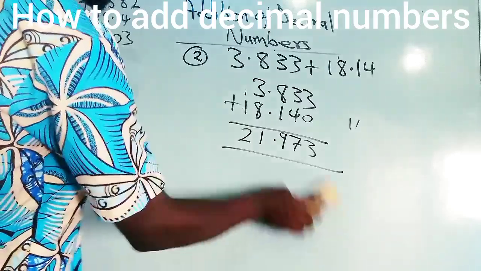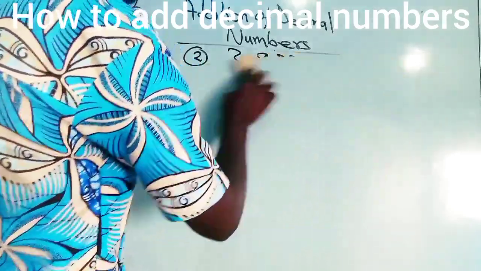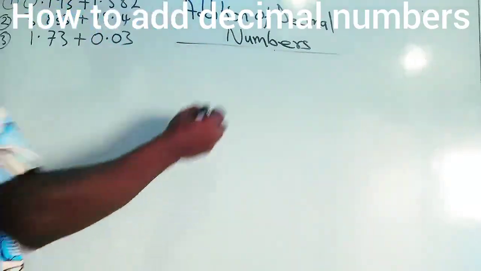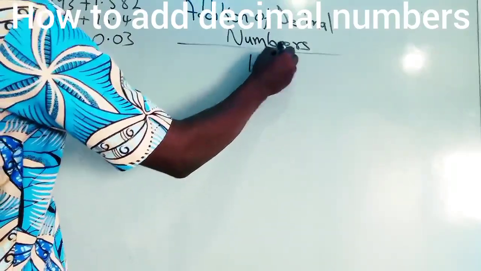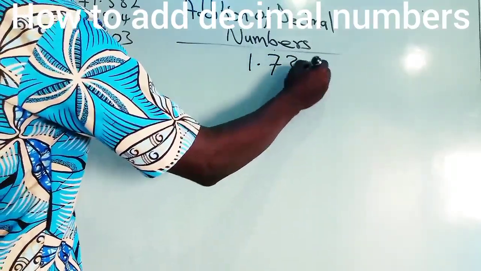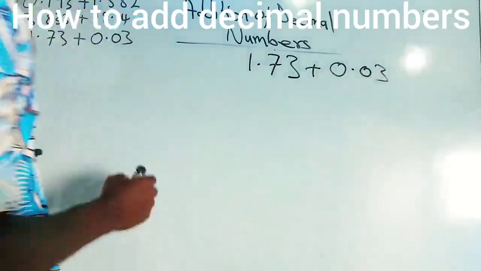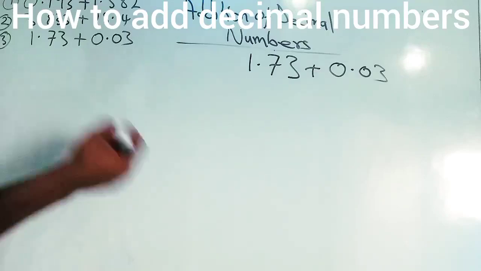Let's move on to assignment number 3. Okay, your exercise number 3. You have 1.73 plus 0.03. Let's rearrange them.